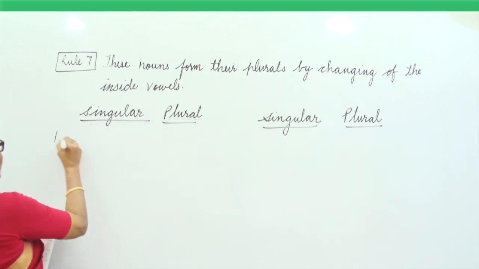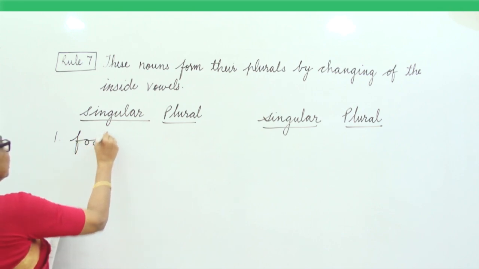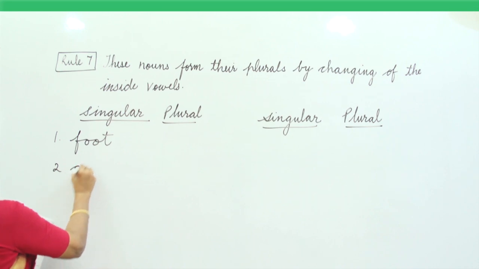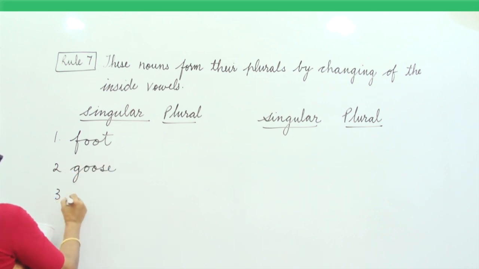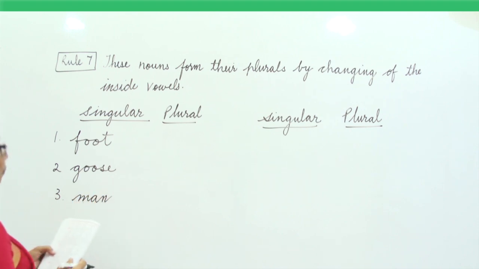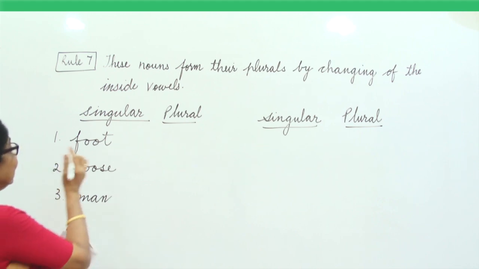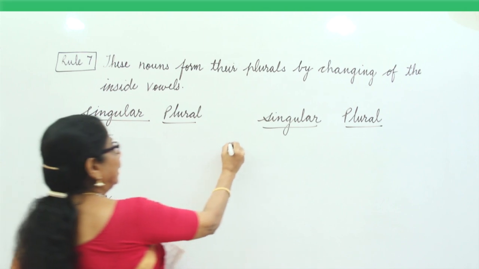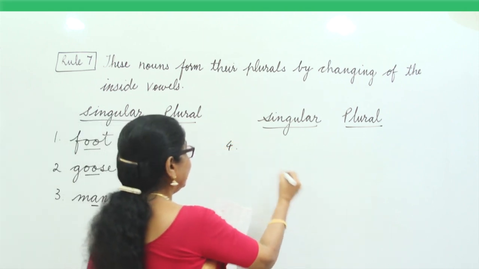Now you have a word foot. Okay. You have goose. Look at the vowels inside. Then you have man. Now, what we are looking at is the vowels inside. Okay? Then we have mouse.